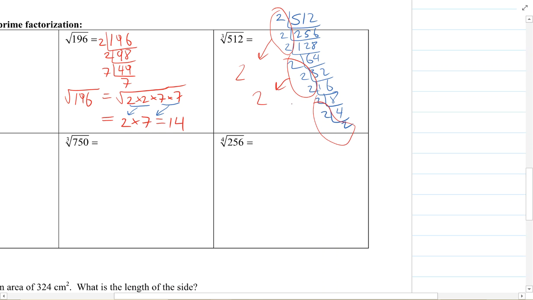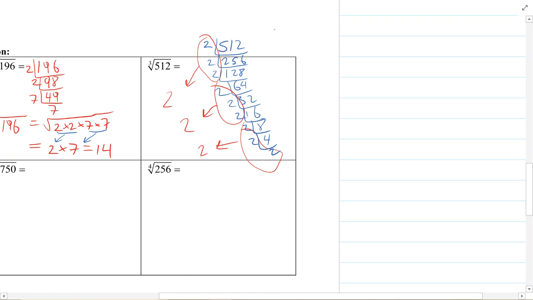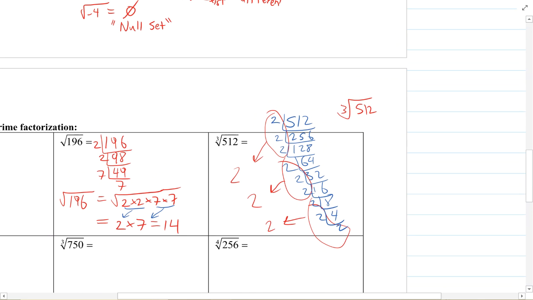So I can say now, cube root of 512 equals, let me move this so I don't get in trouble with the Math Teacher Association of British Columbia. This equals 2 times 2 times 2, which equals 8. So 8 is the cube root of 512.